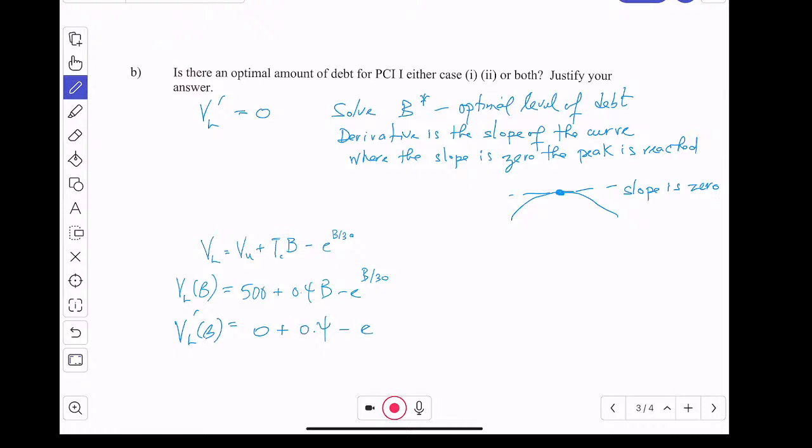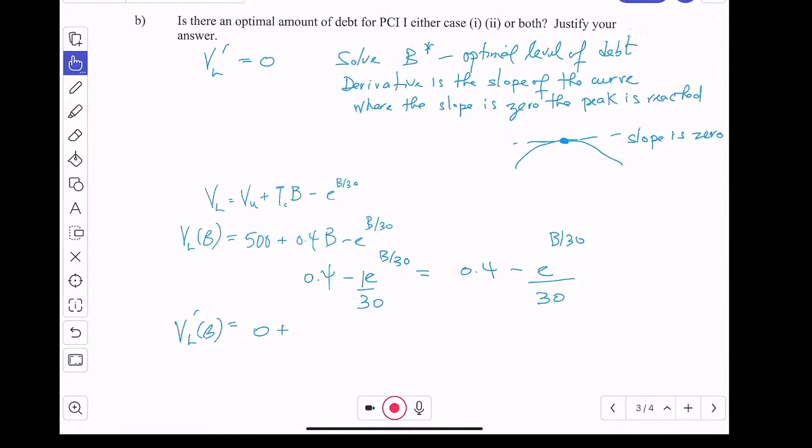And then this gives me e to the b over 30 back. But I have to take the derivative of this part and multiply it. So this becomes 1 over 30. So I can rewrite that as 0.4 minus e^(b/30) divided by 30. And now I set that equal to 0.